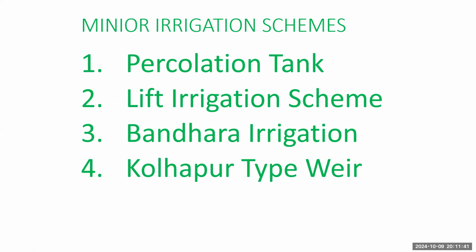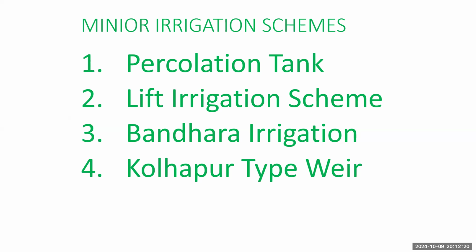Now for your study, we are going to discuss these four types of minor irrigation schemes. Based on these four schemes, generally the question asked is either to write a short note on percolation tank, lift irrigation scheme, Bandara irrigation, or KT weir, or there may be a question such as: explain in detail the construction and functioning of a percolation tank, and also state its merits and demerits.